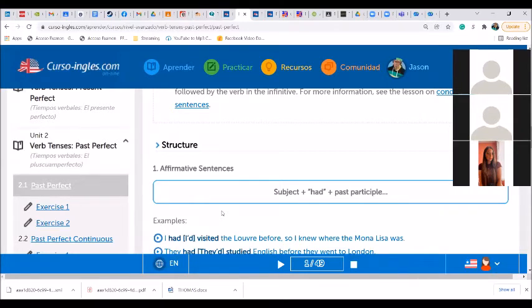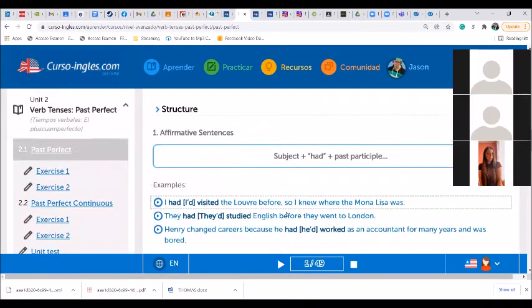For example, Viridiana started university at the UNAM. But before she started at the UNAM, she had studied in Prepa, I don't know. Right? So the idea here is it's the past of the past.